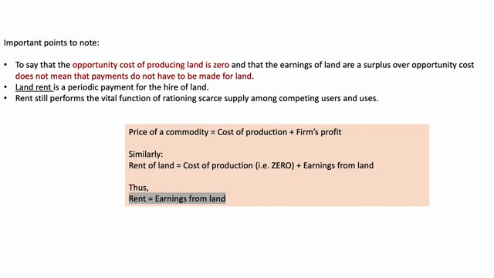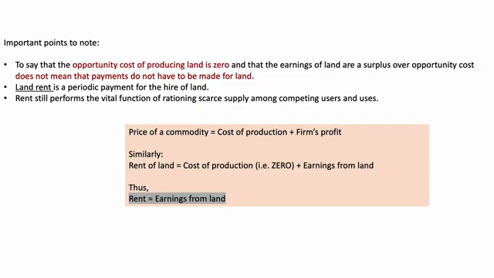Even though the opportunity cost is zero, there has to be a rent paid for the use of land. Now, we talk about rent and payment of rent only when we assume that land is scarce, it's not amply available, and people need to hire land from other users. So then the concept of rent will be easy to understand.